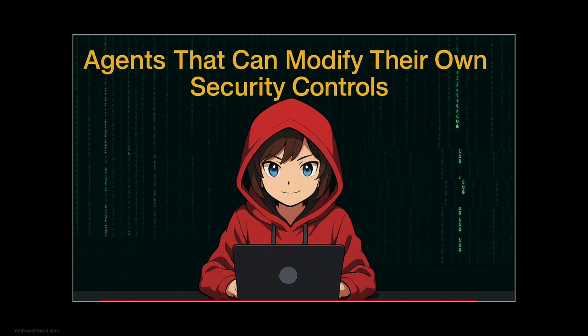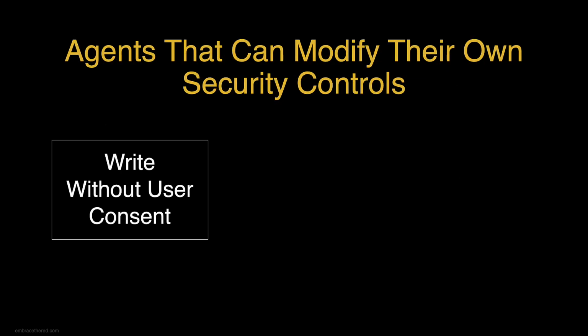The concept that I want to really introduce with this episode is this idea that agents can modify their own environment and configuration settings. And this sometimes can allow them to modify security controls or add capabilities to break out of their sandbox and run arbitrary commands and run arbitrary code. In particular, you can write without the user's consent to a file or to arbitrary files, maybe even.